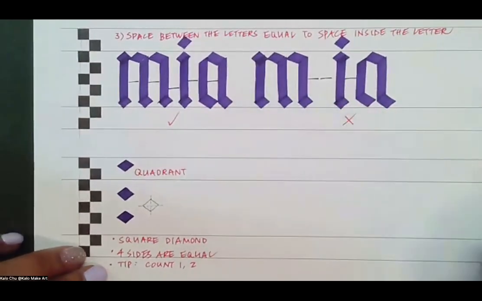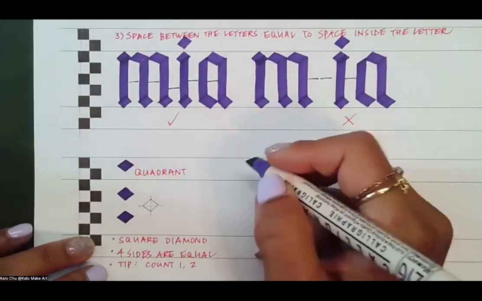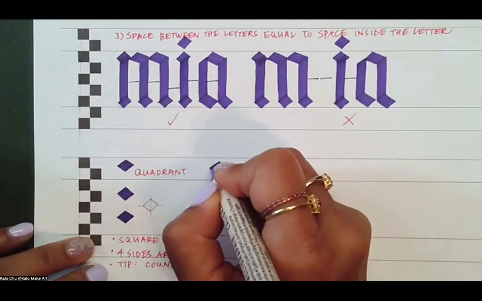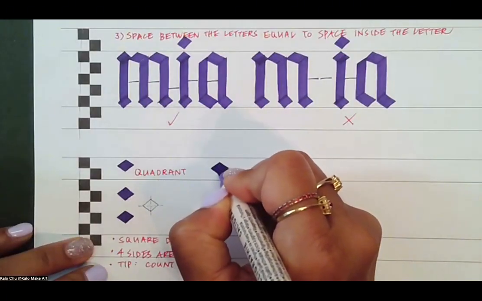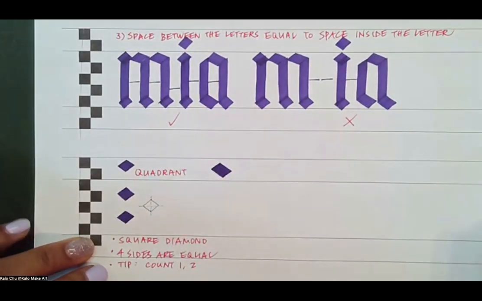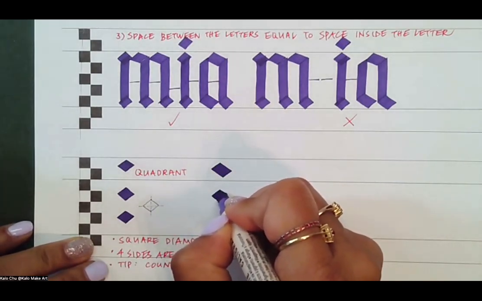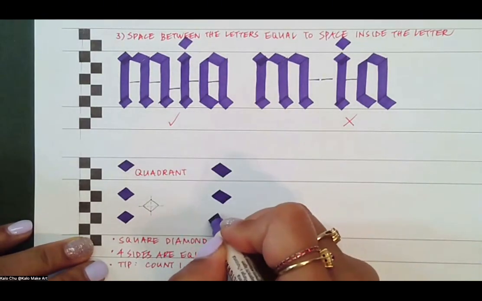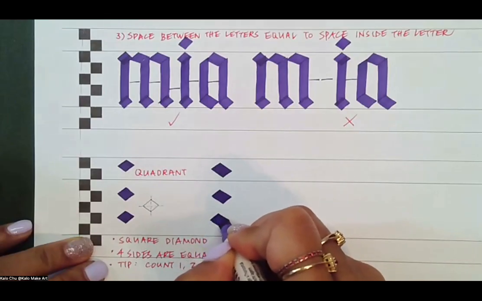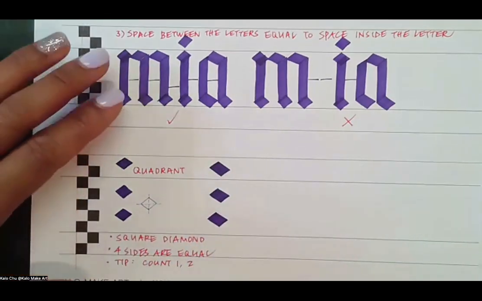Now, the lozenge is longer. So we will do one, two, three. You see, it's longer than the quadrant. One, two, three. One, two, three. It's very meditative.